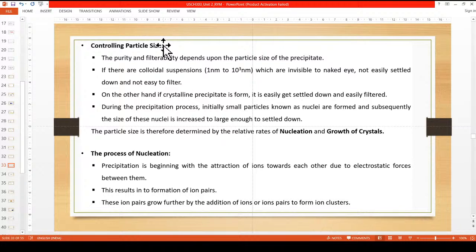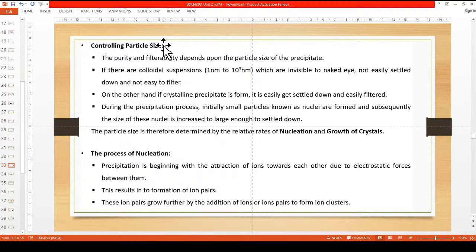So this way, when metal comes in contact with your precipitating agent, nuclei form, and when a large number of nuclei form in your solution and they are not grown, all are tiny. All are small in size, so all those tiny particles, they don't settle.